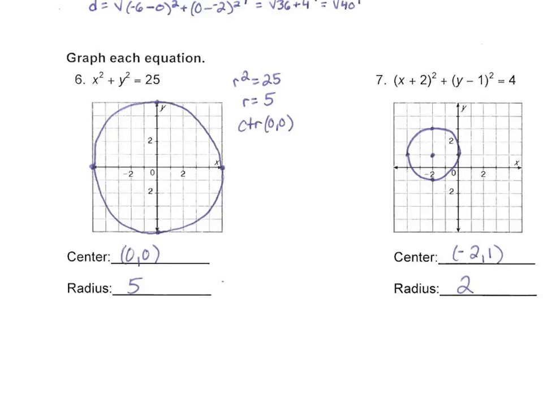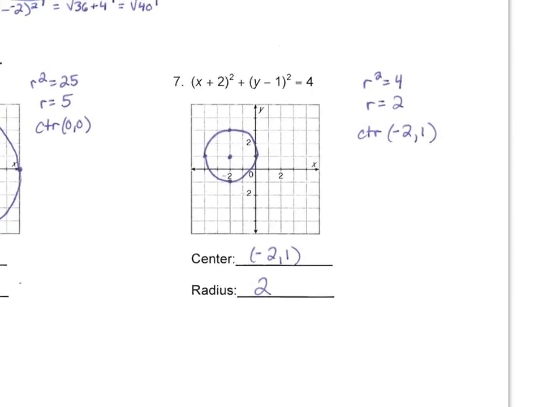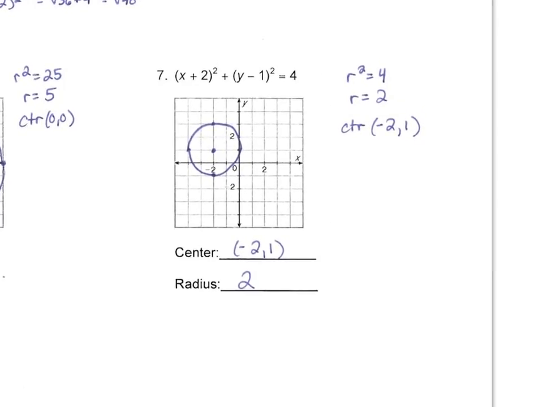For number 7, looking at our first parenthesis there, x plus 2 all squared, remember if we compare that to x minus h, that's x minus -2 all squared that we're comparing that to. So my center is actually the point -2, 1. And we're going to plot that point in the middle.